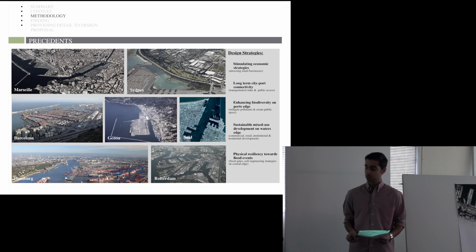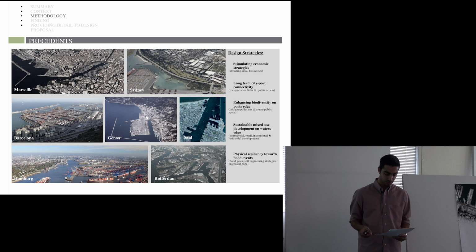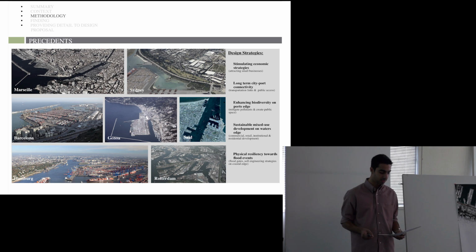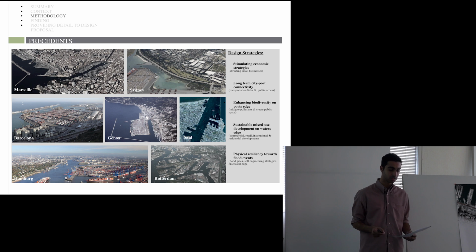These are some port cities which highlight port city connections, sustainable development, increased biodiversity, and physical resiliency on the water's edge. A common denominator in these precedents is port growth which is influenced by form and function from one place to another.